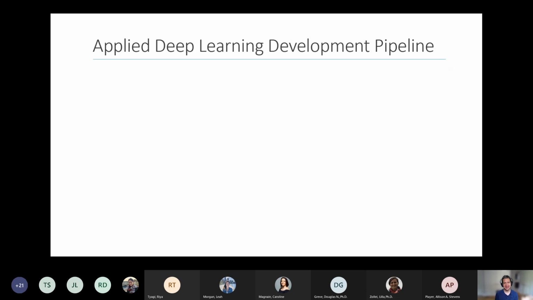I had planned to do half the lecture on these slides and then half the lecture on the tutorial. So this next slide shows what I thought were the important steps in the pipeline when you approach a new problem where you want to use deep learning. This isn't about developing a new deep learning algorithm, but about using a neural network to solve something.